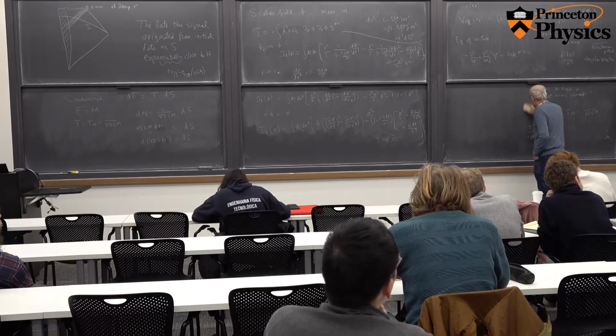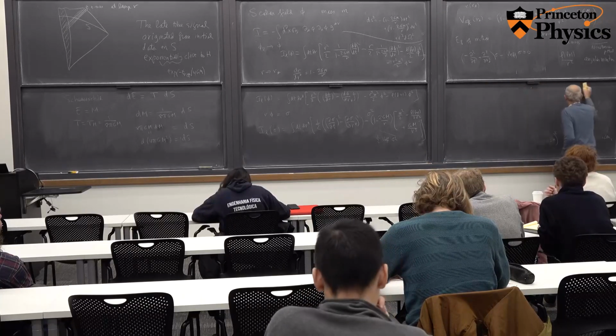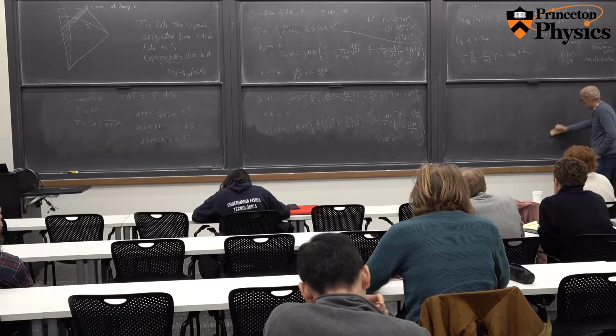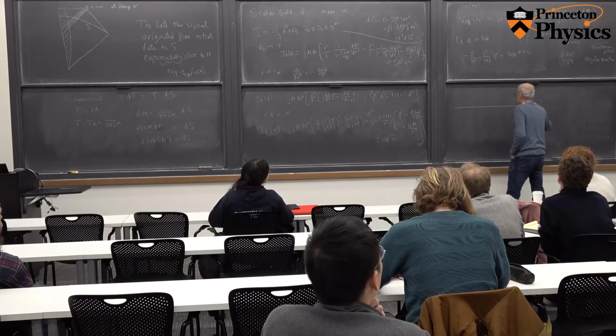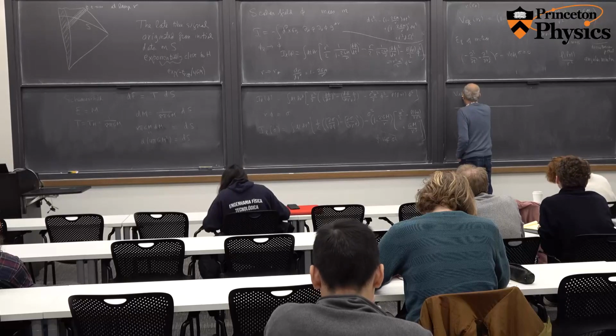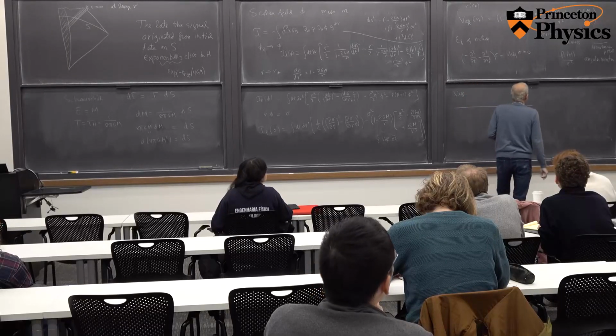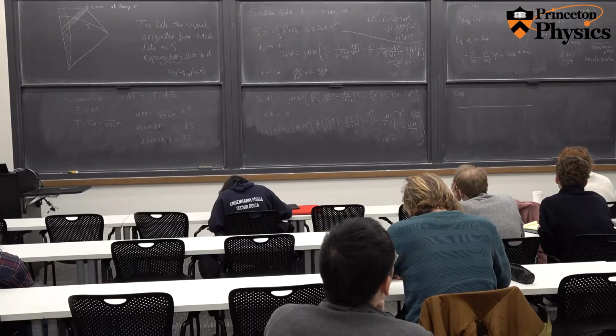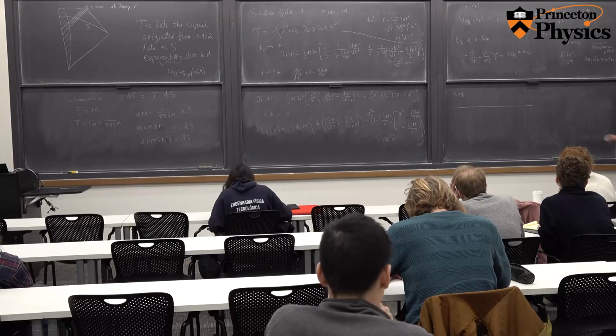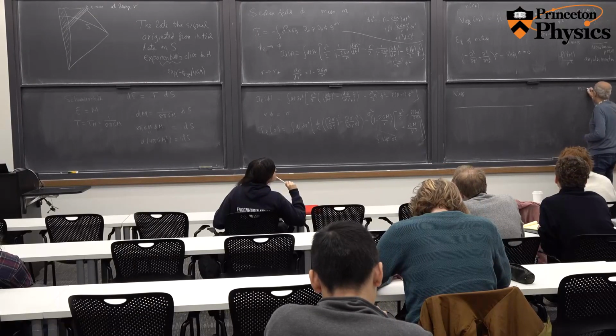Now what does this potential look like? I deduced the potential with general M, but I'm going to continue the discussion for M equals 0.